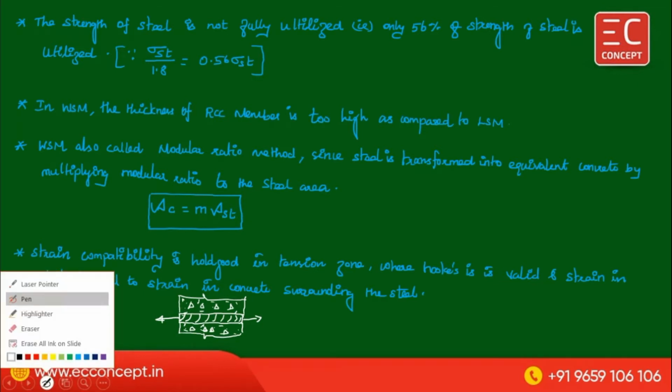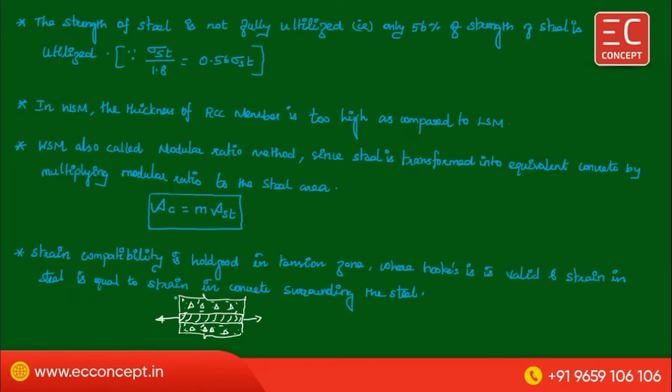Therefore, an equal amount of elongation takes place on both sides. This concept is called strain compatibility. So strain compatibility means the strain in steel and the strain in concrete are the same.